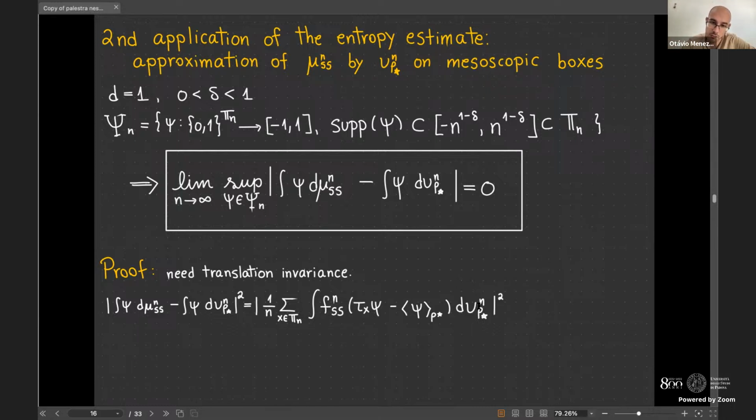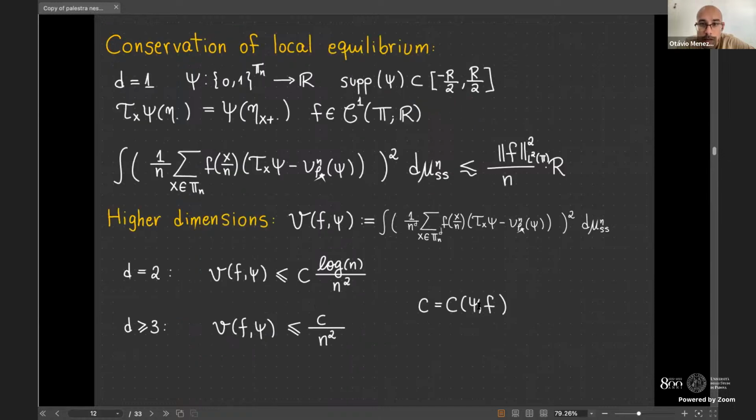You get an estimate of the variance of the spatial average of a local function. And you just plug in the bounds we had involving the size of the support. We have done the computation also for other dimensions, and depending on the dimension you can push this approximation to different sizes of boxes.